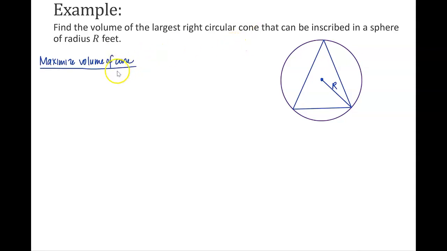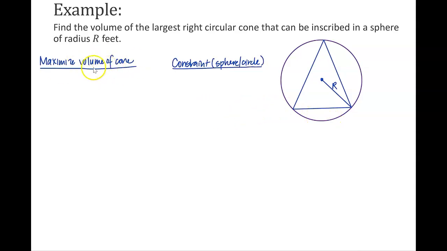And this cone has a constraint, though. This cone is forced to fit within the sphere. That's the restriction that I have. So my constraint is on the sphere, or I'm going to put circle because of how we've drawn it two-dimensionally. So that's going to be my constraint.